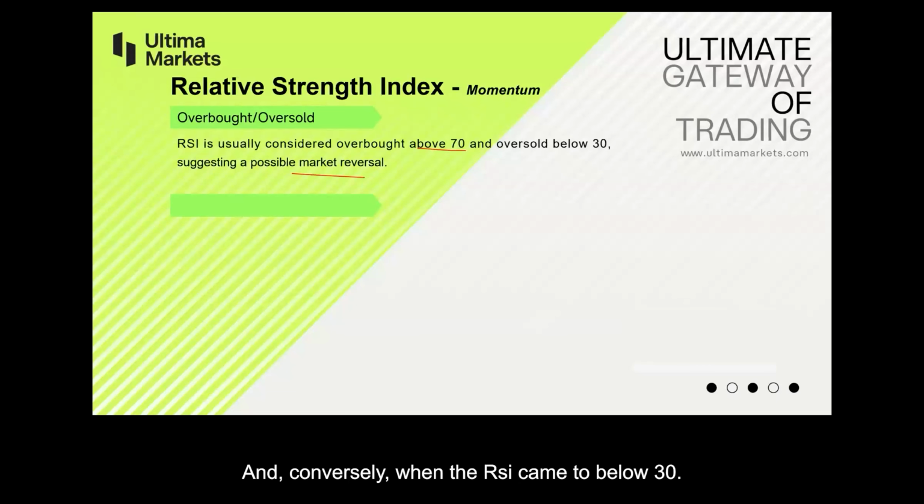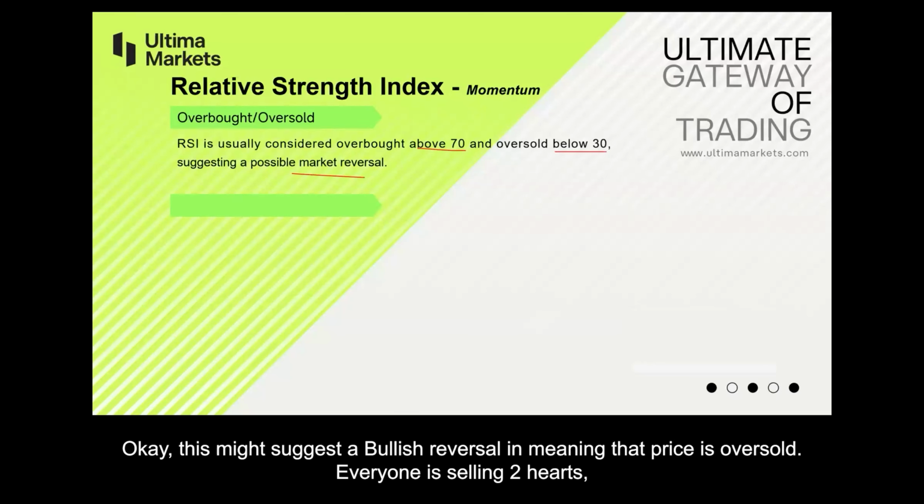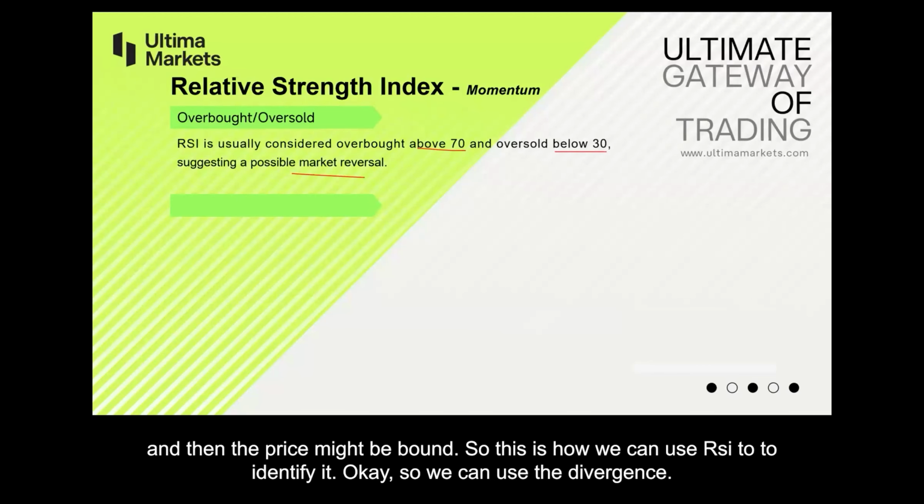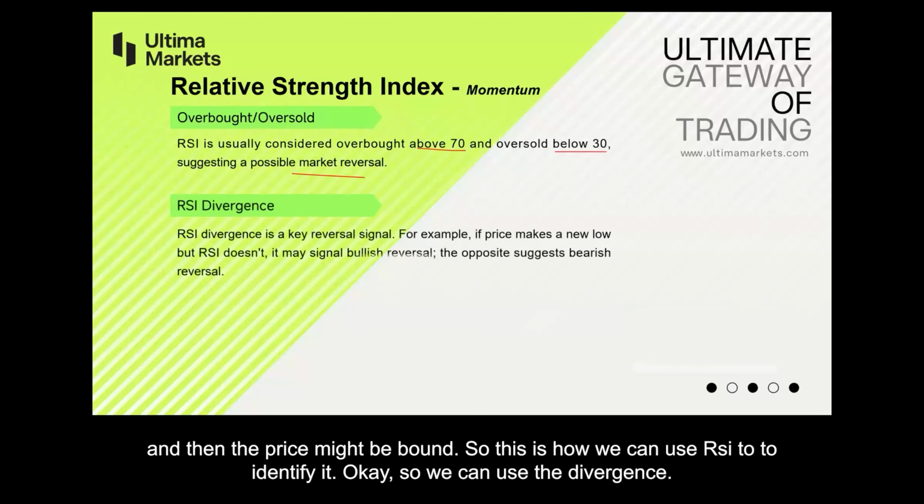And conversely, when the RSI comes below 30, this might suggest a bullish reversal, meaning the price is oversold. Everyone is selling too hard, the momentum might be running out, and then the price might rebound. So this is how we can use the RSI.